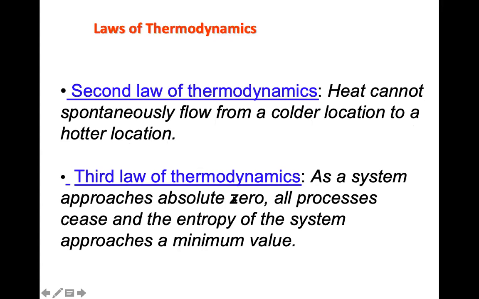Third law of thermodynamics: as a system approaches absolute zero, all processes cease and the entropy of the system approaches a minimum value. That means, for example, you supply energy to an engine, and it is running, generating heat, and the work is going on. But when this system approaches zero, then all processes cease.